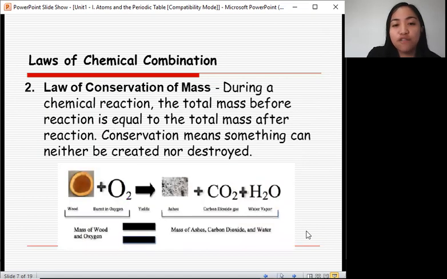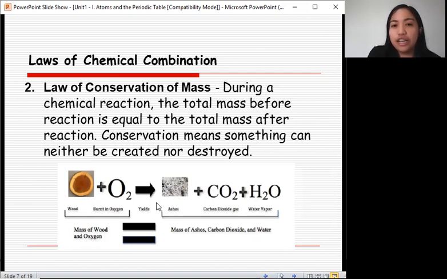Next is the law of conservation of mass, and it states that during a chemical reaction, the total mass before reaction is equal to the total mass after reaction. So conservation means something can neither be created nor destroyed. So in our example, sunugon ang kahoy, sunugon na to ang kahoy. So it needs oxygen para masunog ang kahoy.